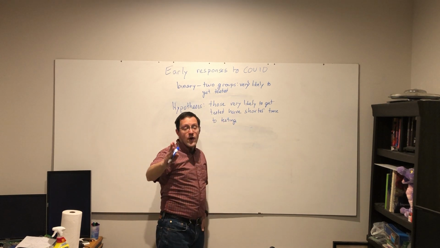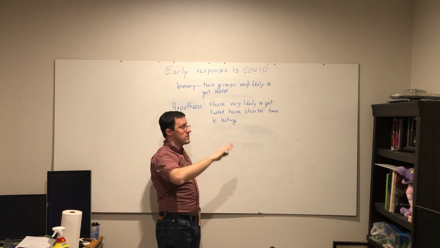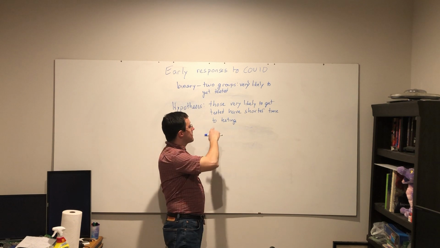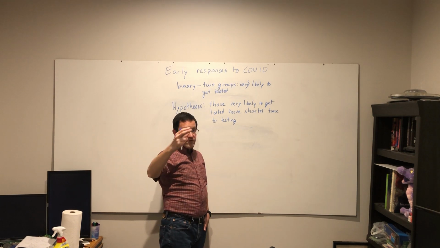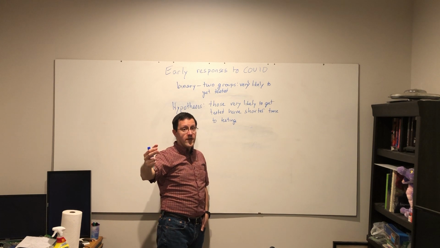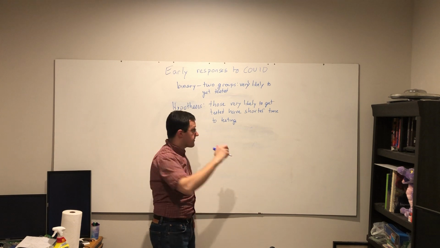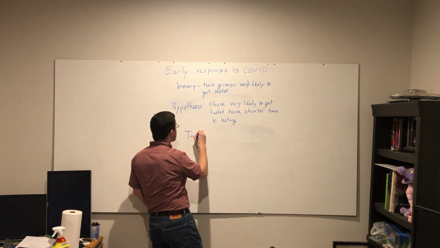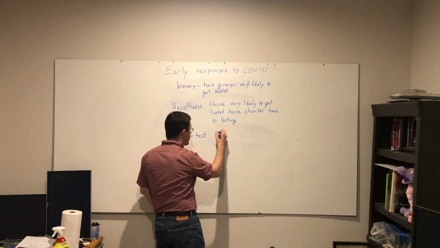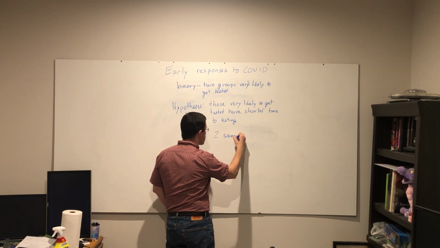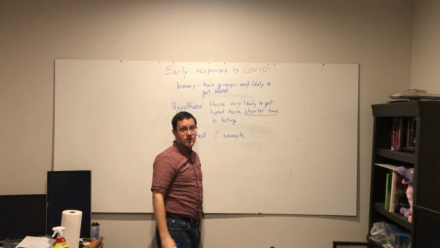So I could take that travel time variable and have a hypothesis. Those who are very likely to get tested might live closer to testing facilities. So now what do I have? This could be a two-sample t-test, and I'm saying shorter.